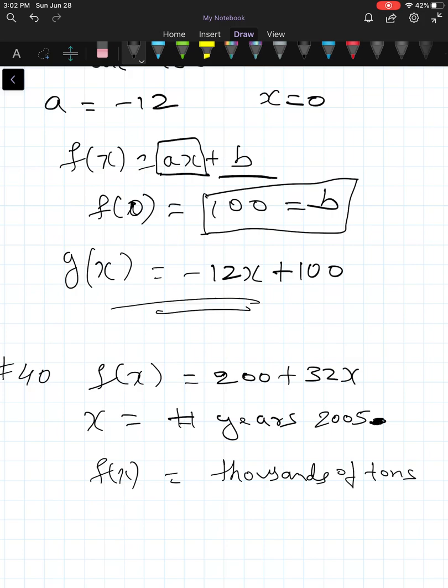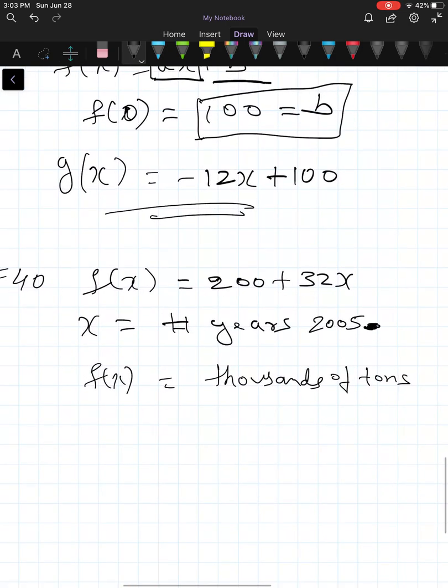We are asked to sketch the graph of the function, b, what is the slope of the graph, and c, at what rate is the amount of ore produced changing. You can very well sketch the graph. It is very simple, like 200 plus 32x.